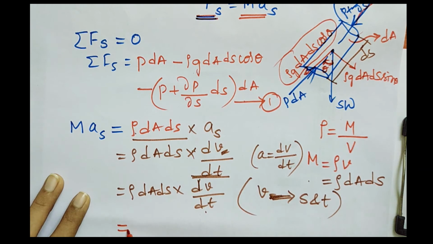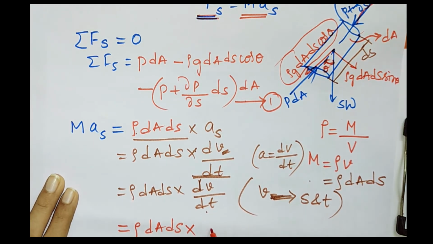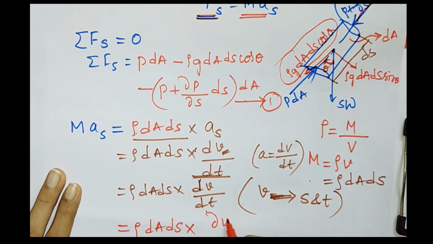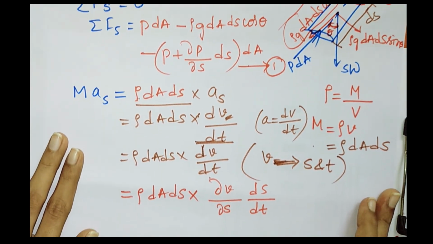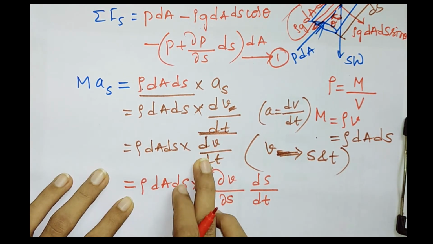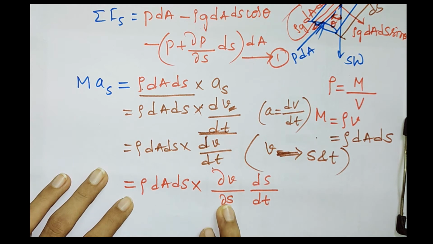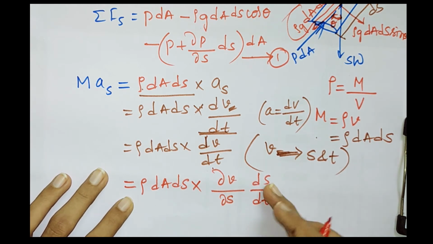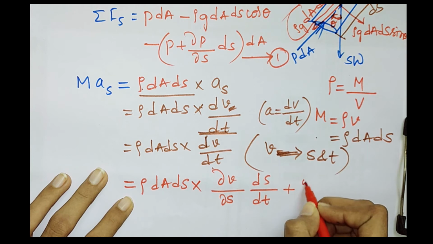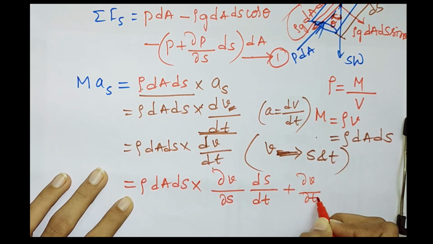It is rho into dA into ds into the partial derivative of velocity with respect to time, which is dou v by dou s into ds by dt plus dou v by dou t.